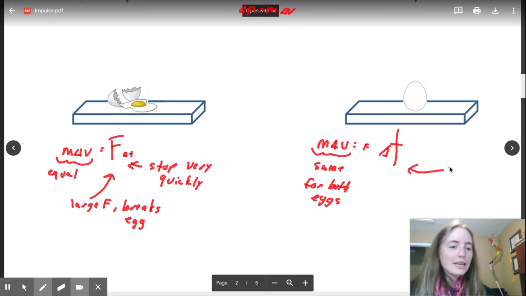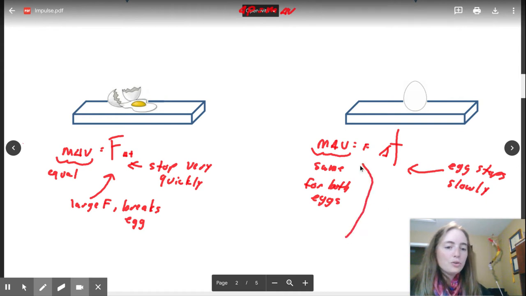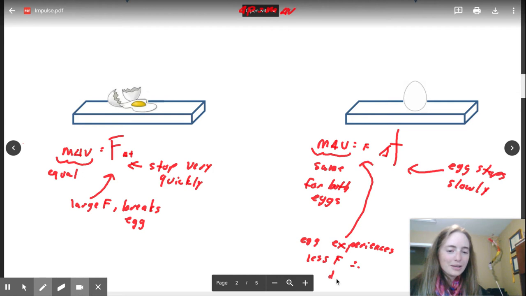The egg stops slowly. Because it's stopping slowly, it experiences less force. So the egg experiences less force, and therefore it doesn't break.